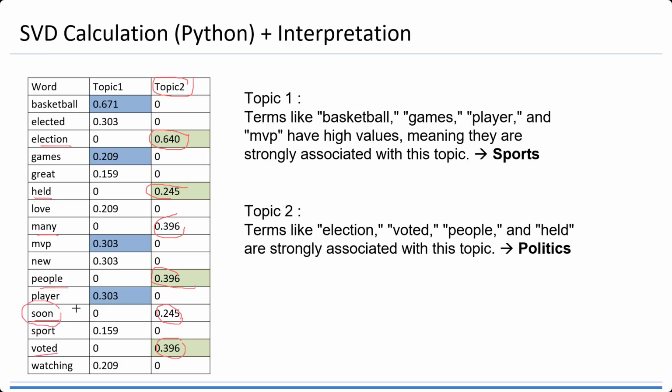"Soon" is not that easy to interpret, but vote and election are high, so it is more likely related to politics. Using these numbers, we can do some analysis. We cannot say 100% sure, but we can say it is likely to be sports, and this is likely to be politics.